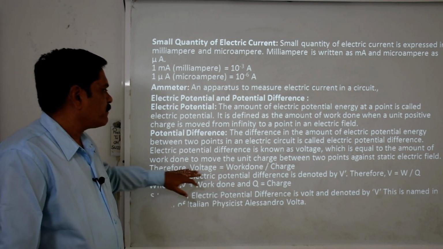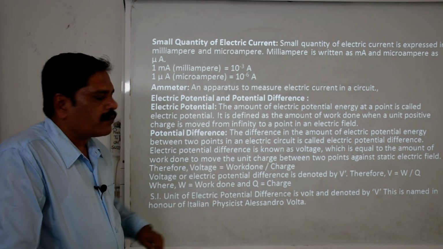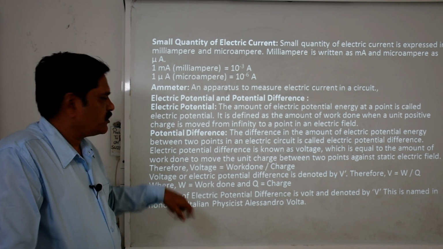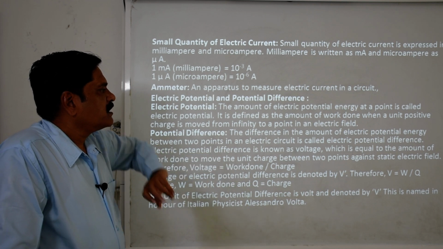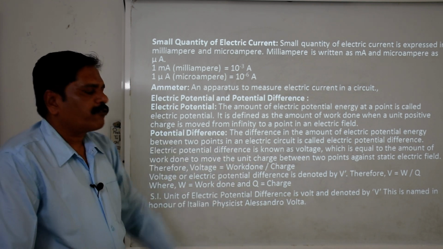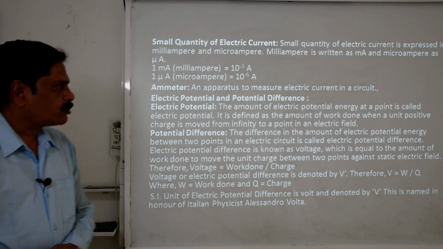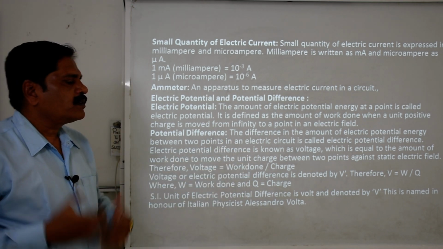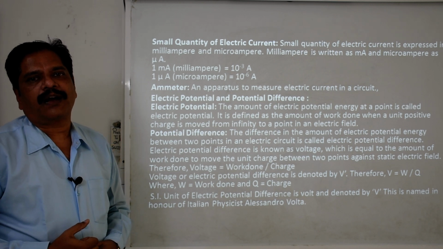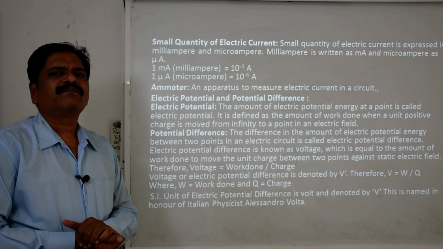Clear? So therefore the voltage is equal to work done upon charge. This voltage, or electric potential difference, is denoted by capital V. So therefore V is equal to W upon Q. What is W? W is the work done, and Q is the quantity of the charge, or you can simply say ne.